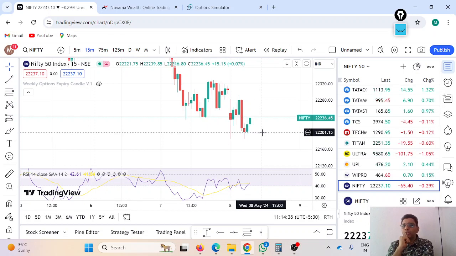Let's say I have collected 10 rupees from you in a T20 match. Then my loss will start whenever India scores beyond 310.